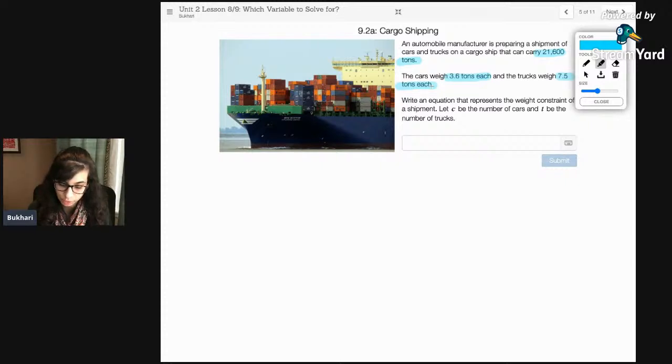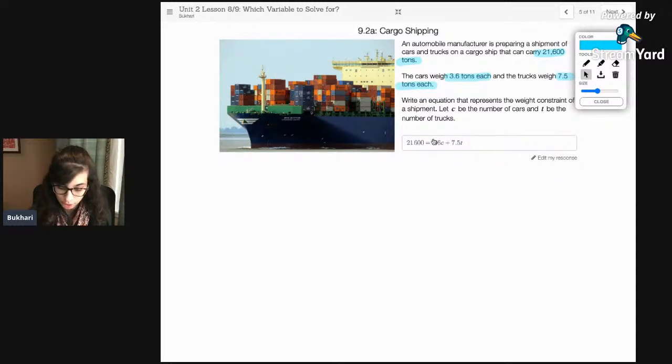Let C be the number of cars and T be the number of trucks. This should be a review from before. What is my total number? My total weight constraint is 21,600. And I know that must equal the total weight in cars, 3.6 per car, plus 7.5 T, 7.5 tons per truck, sorry.